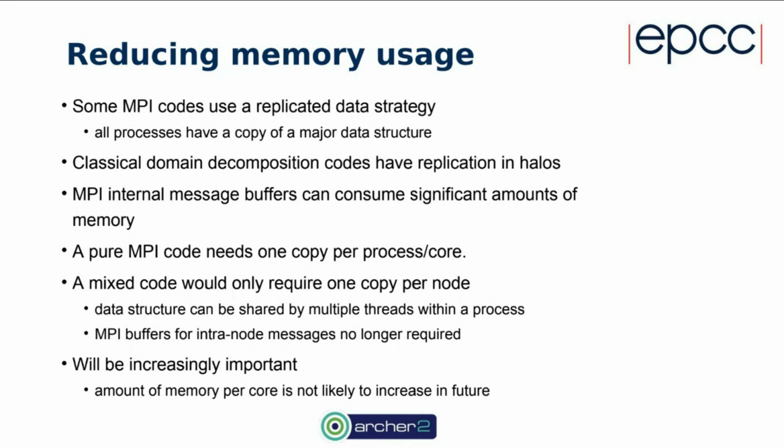That also may reduce the MPI internal memory usage, because MPI no longer needs buffers for messages that are going inside the node, because that communication is replaced by reads and writes to shared memory by threads.